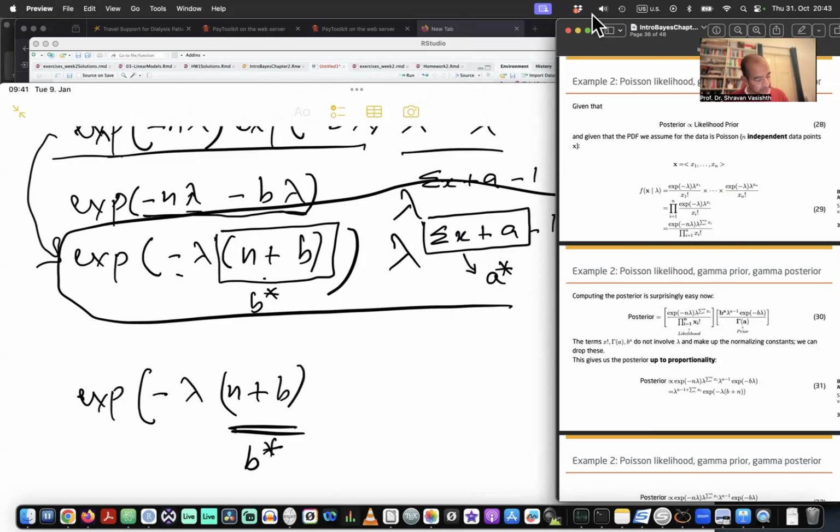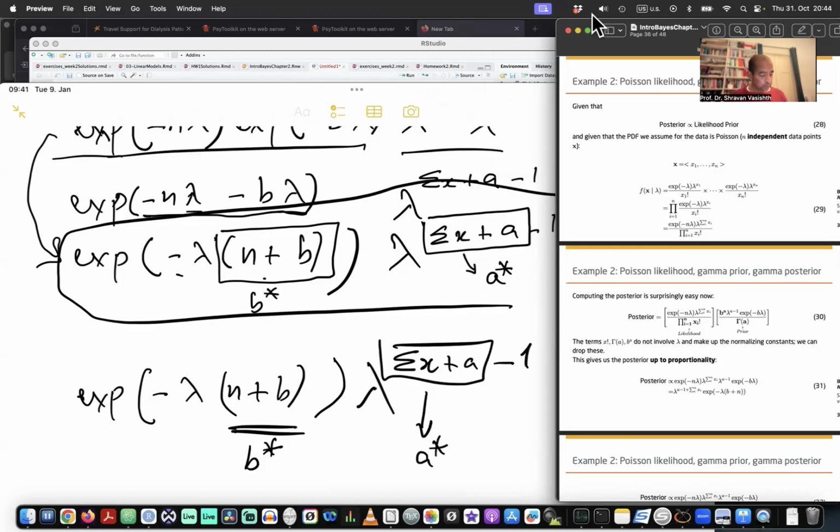So I'm going to call it b star, and lambda here has an updated a, which is my A star, which are the new A and B parameters of my posterior distribution for lambda, given the data that I have. So what I've done is I've learned from the data.